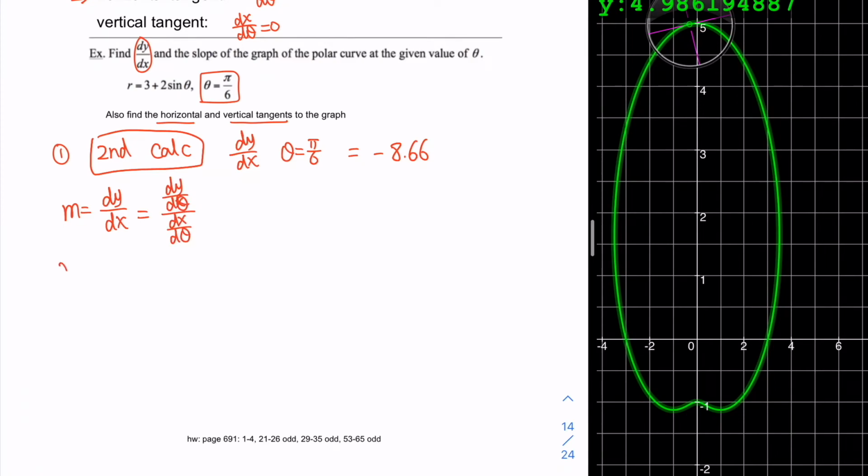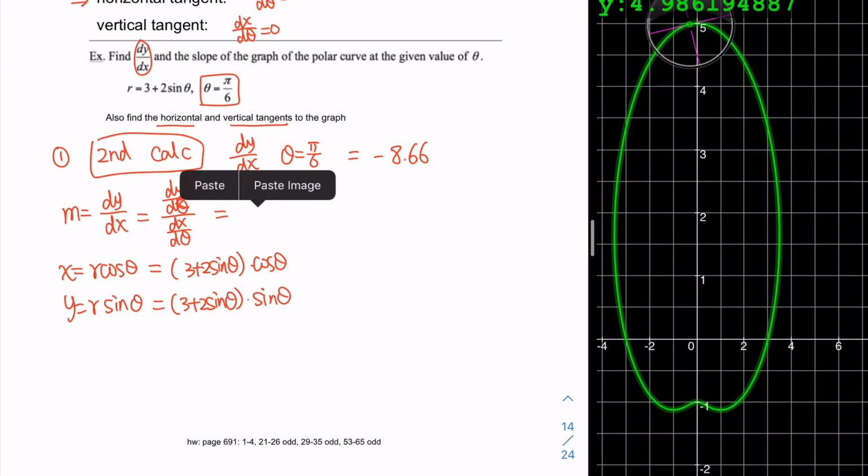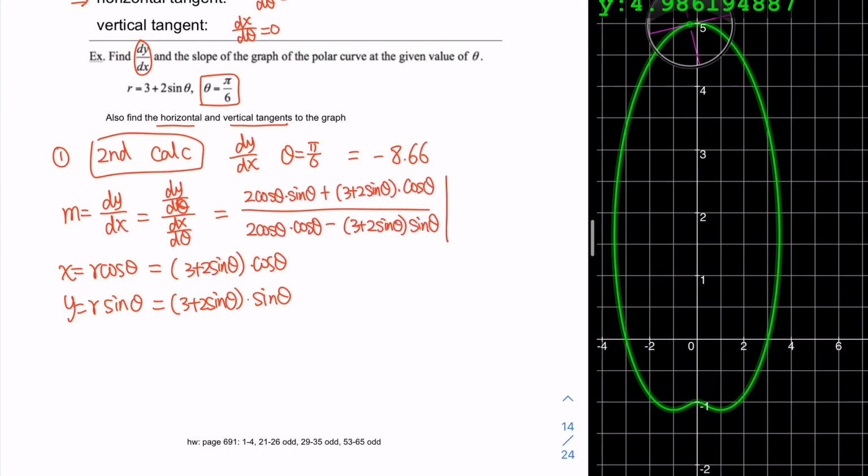First we have x equals r cosine theta, y equals r sine theta. We plug r in. Next we take the derivative. You can use the product rule, and this is the answer. You can simplify it, or directly plug in theta equals pi over 6. The answer will also give you 8.66.